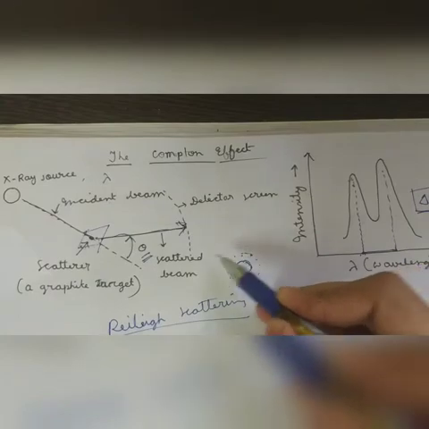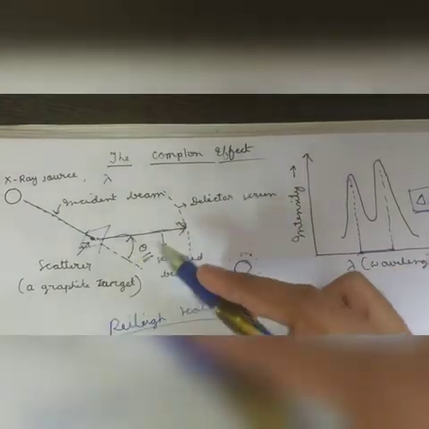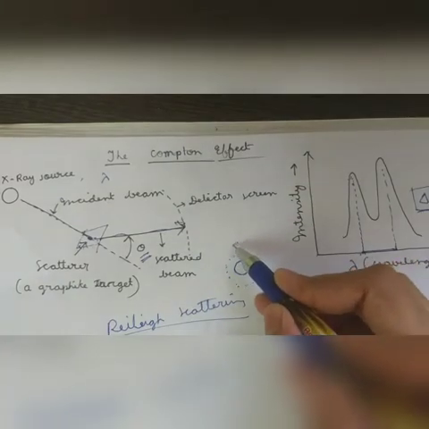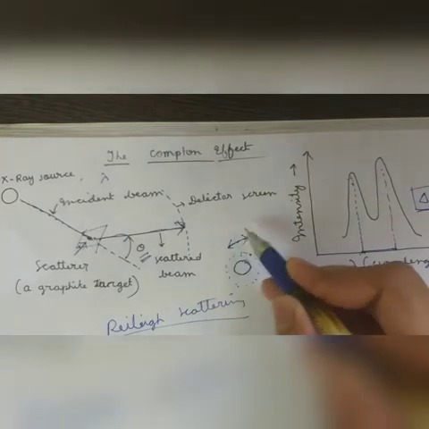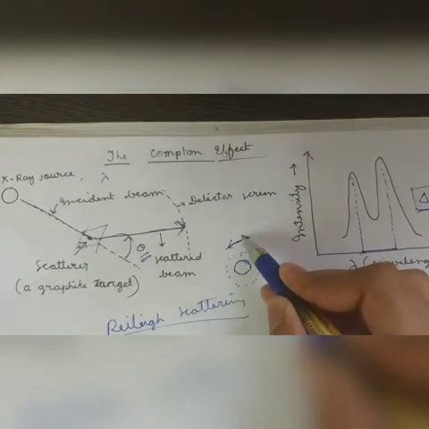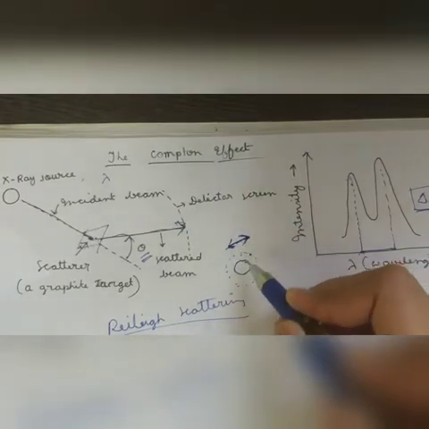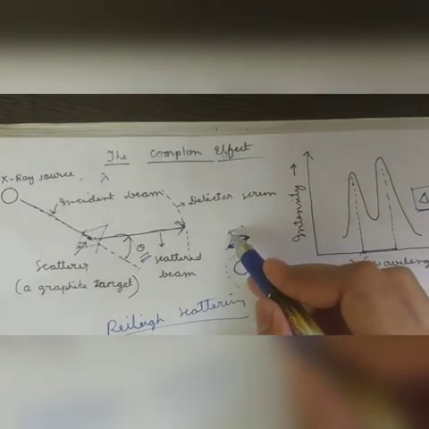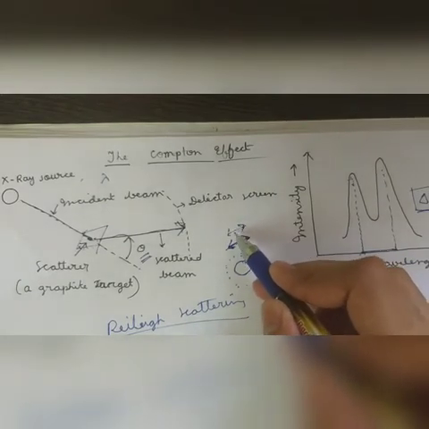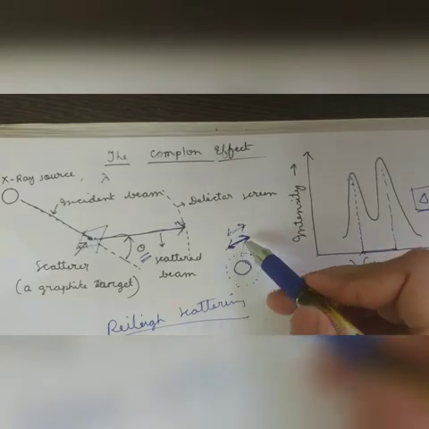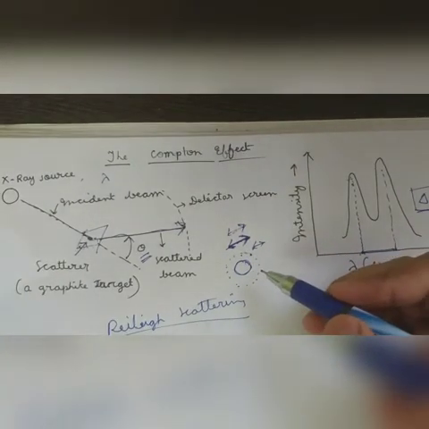So after the light is incident on the graphite crystal, the electrons start oscillating, and this oscillating motion is a kind of acceleration too. So we know that accelerating electrons can emit electromagnetic waves.